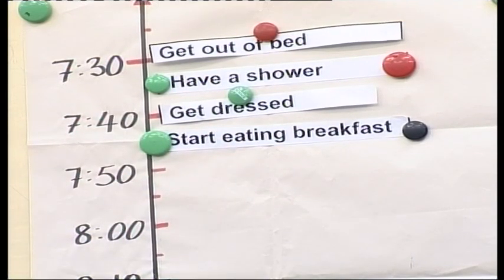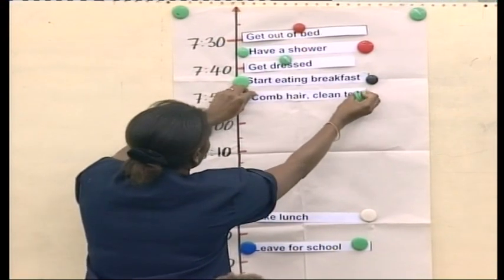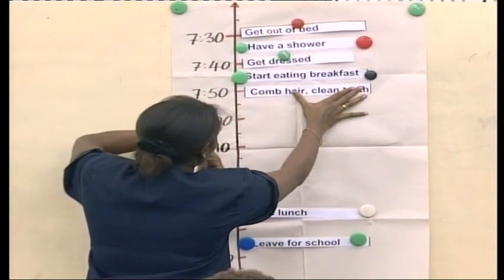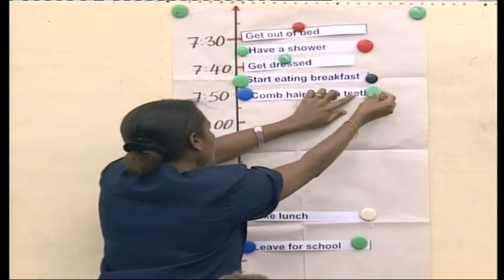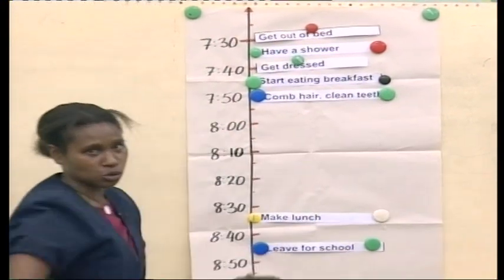You have time to go to school. What could be done after having your breakfast? Okay, you comb your hair and then you clean your teeth. Where can this go? Okay, 7:50. We are putting this in our situation as students. We get ourselves prepared before coming to school.